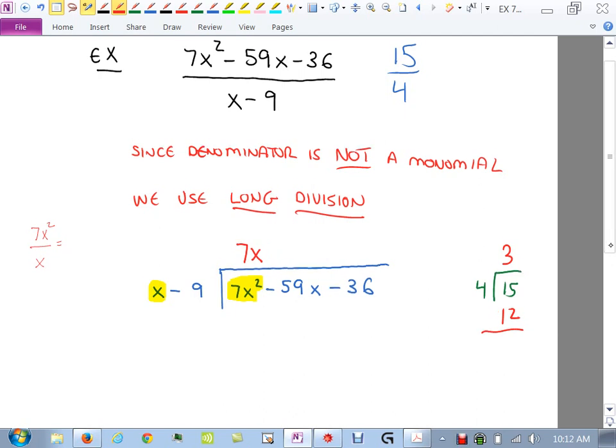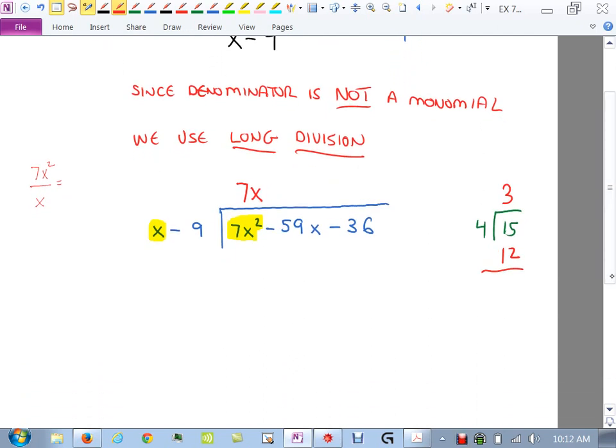Now what I'm going to do is I'll do it on the side, and that's where you should do it. I'm going to do this multiplication right here. I'm going to do 7x times this right here. So on the side, if I write that out, it's 7x times x minus 9.